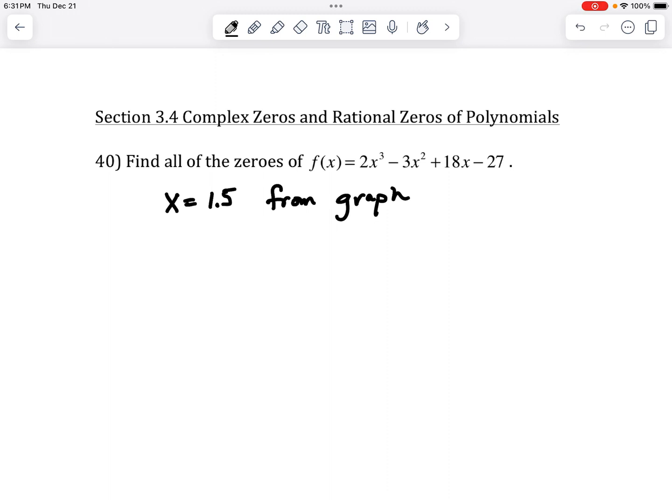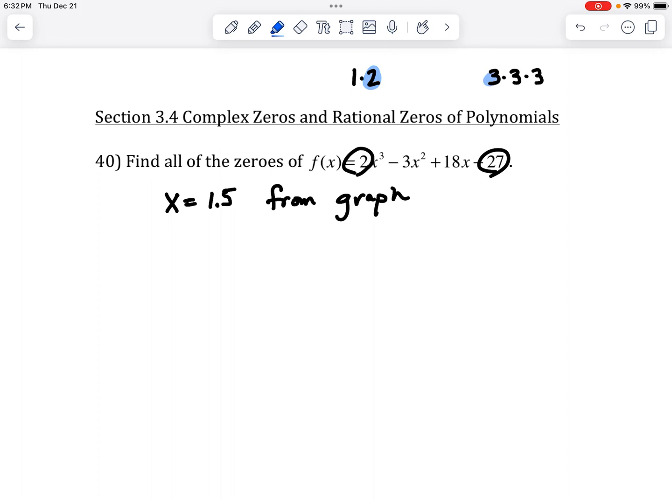If you are allergic to graphing calculators and you did not want to use a graphing calculator, then what you do is, I'll just do this real quick. So you take the first number and the last number, you look at their prime composition. So for 2, it's 1 times 2. And for 27, it's 3 times 3 times 3. And then you basically just take those numbers one at a time. So you pick one from 1 and 2, so just randomly pick one.